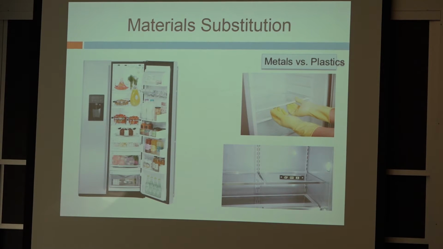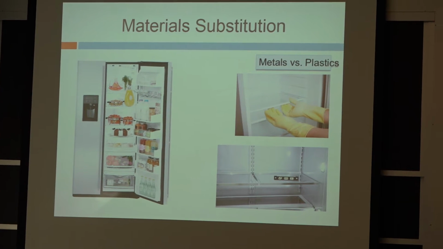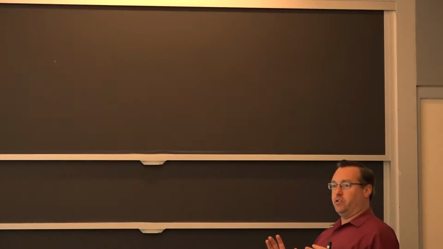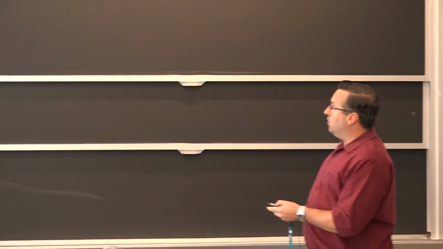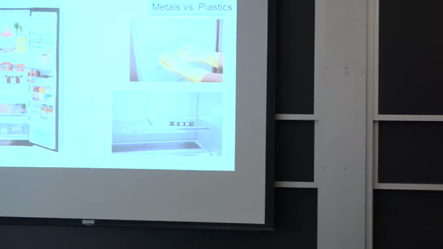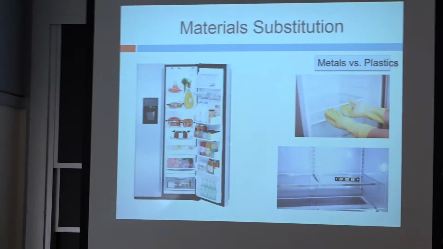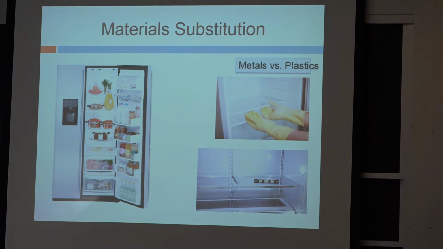What happened when they switched from metals to plastics, and there are a lot of case studies on this, was they were getting a lot of cracking in the plastic shelving themselves. If you start thinking about thermal expansion, thermal contraction, and stresses when things are joined together and constrained, when this was all made out of metal, you didn't really have an issue because it was similar material and it expanded and contracted at the same rate.